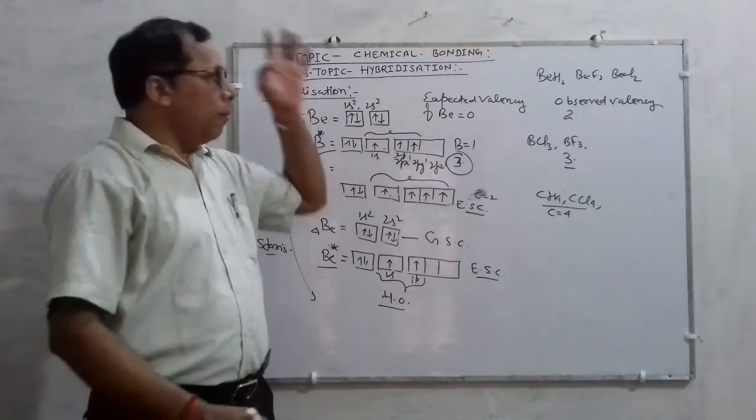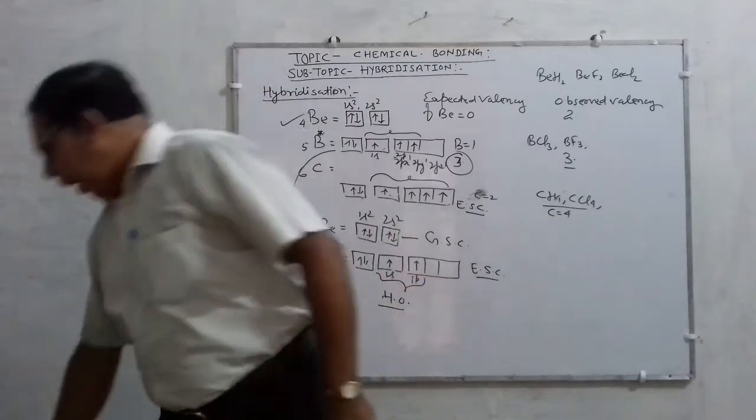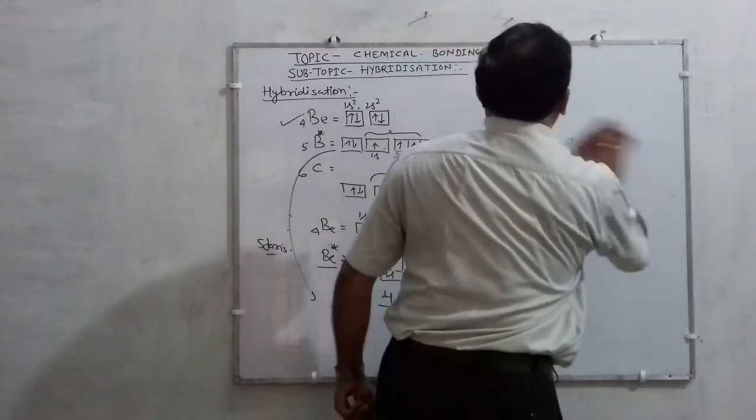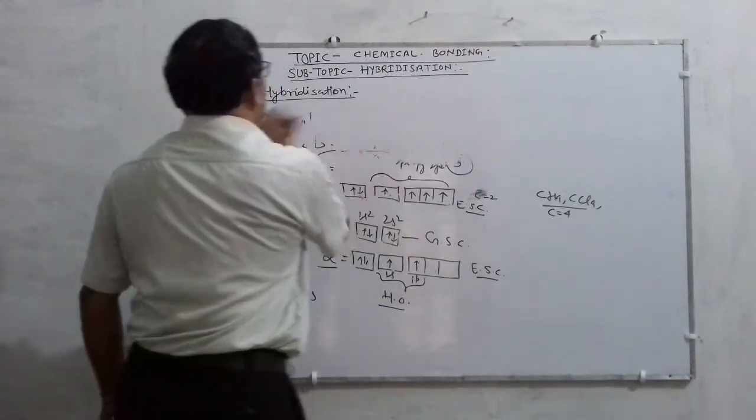So you must remember, hybridization is the mixing of orbitals, not of electrons.